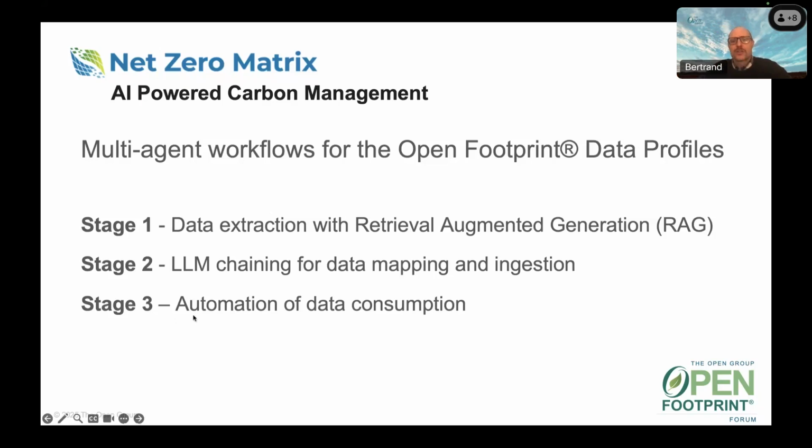And then stage 3 is automation of data consumption. Now, this isn't to say that a large language model is replacing a traditional application system, but assisting in automating how that consumption workflow would take place.